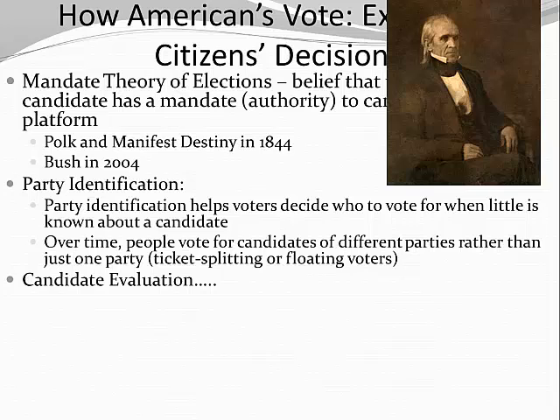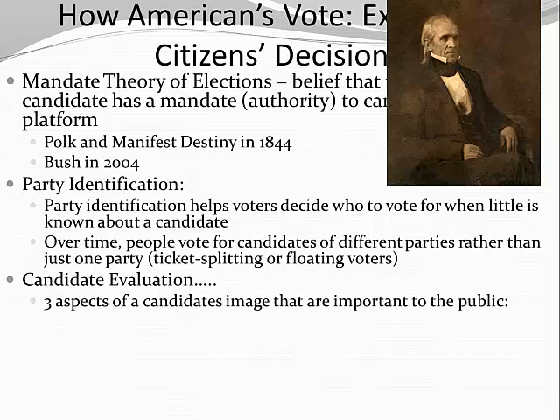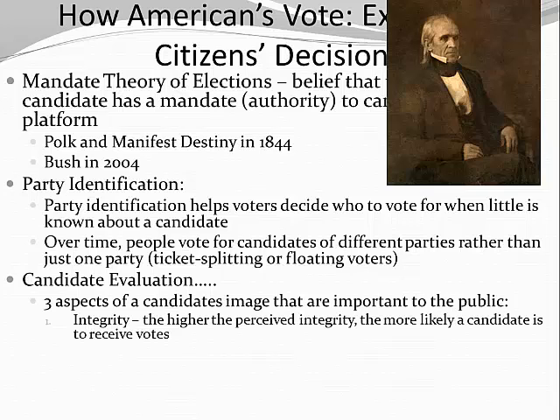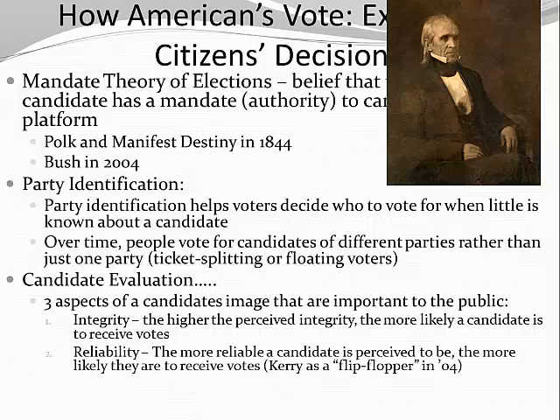Now, when it comes to evaluating candidates, there are 3 aspects of a candidate's image that are important to the public. One is integrity, and the higher the perceived integrity, the more likely a candidate is to receive votes. Another one is reliability, and the more reliable a candidate is perceived to be, the more likely they are to receive votes.